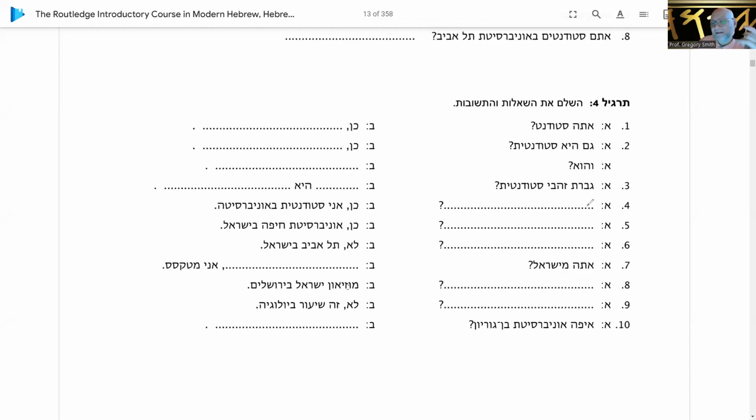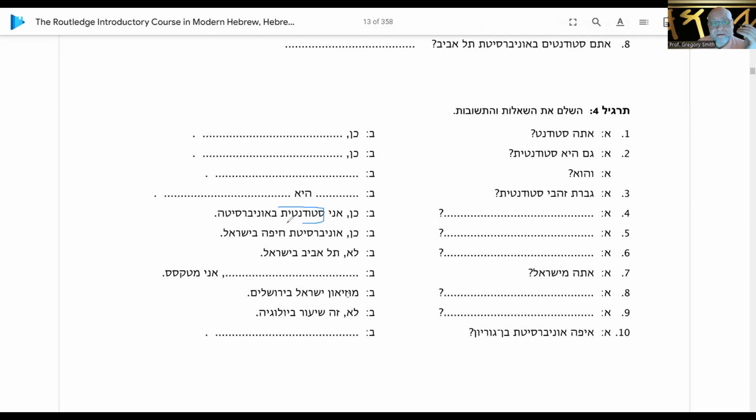So what we need to ask is, let's see, are you a student? And so we need to say this in, notice this is the clue right here, studentit. Okay, studentit tells us this is going to be feminine singular. So the question has to be phrased and written out and spelled out in feminine singular.